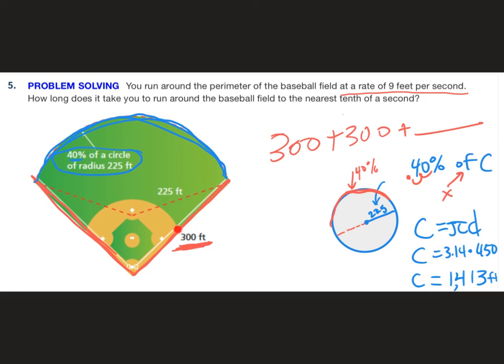So essentially what we need to do is take this whole number that we came up with, so 300 plus whatever you find out this is, which is 40% of 1413. So you add this to the 600, these two put together, and then you divide by our rate. And that's going to tell me how many seconds, because if I divide by 9, okay, then that's going to give me the total. All right, hopefully that was helpful. Let me know if you still have questions.